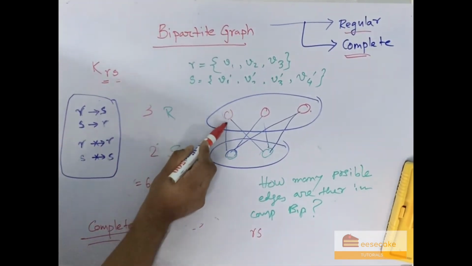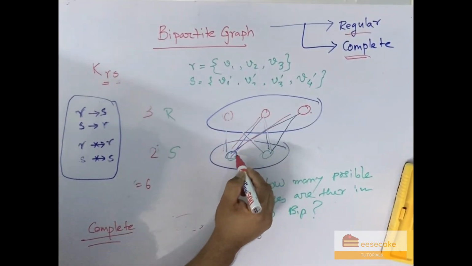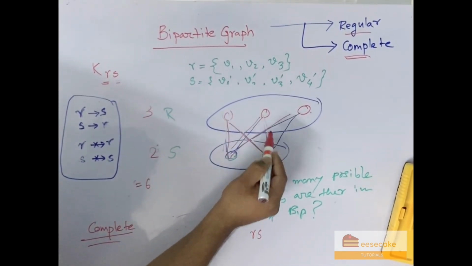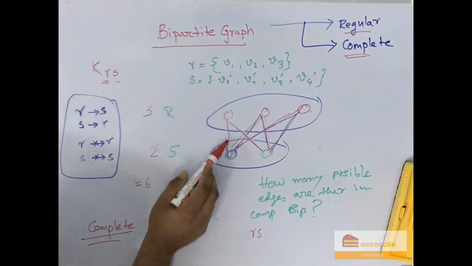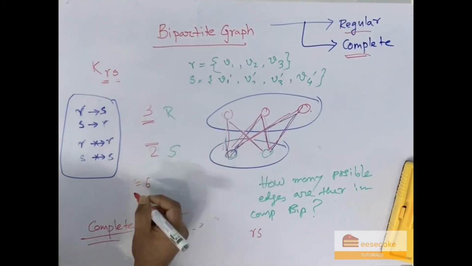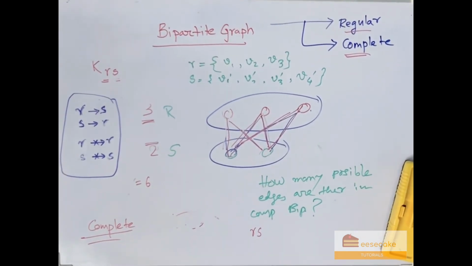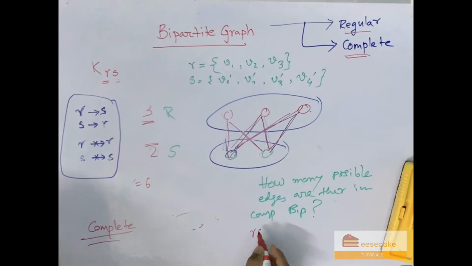How? 1 2 3 4 5 6. Basically, if I connect everyone from the 3 set to everyone in the 2 set, the number of edges will be exactly the multiplication. So this is how I am achieving the number.